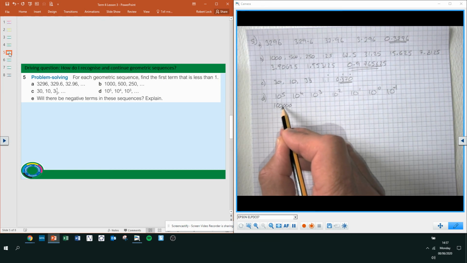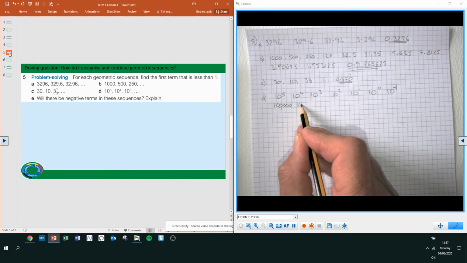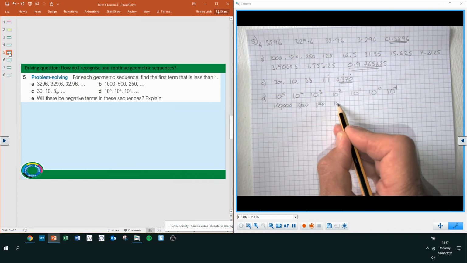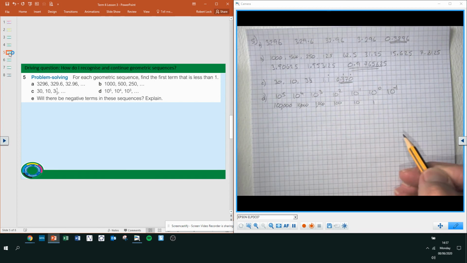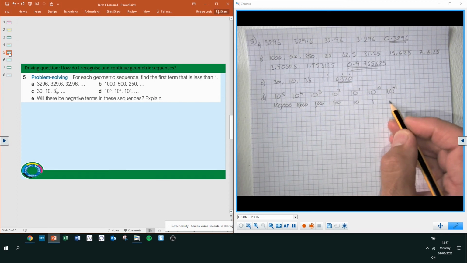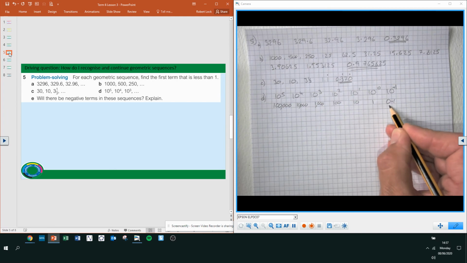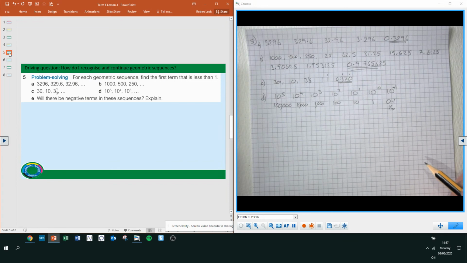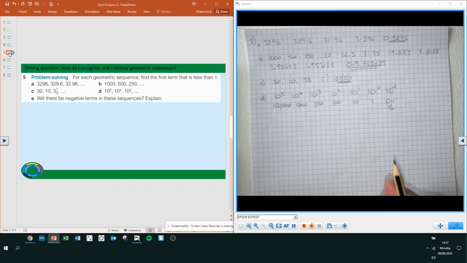That's 100,000. 4 noughts, 10,000. 3 noughts, 1,000. 100, 10, 1. This one here will be 0.1 or 1/10.